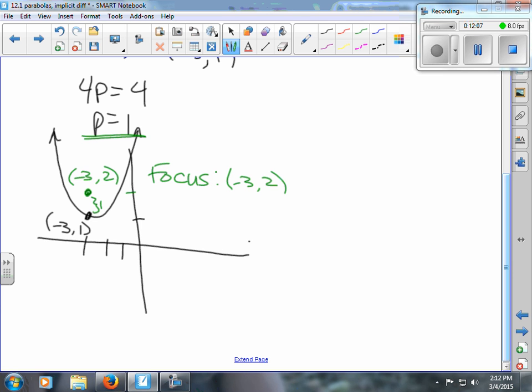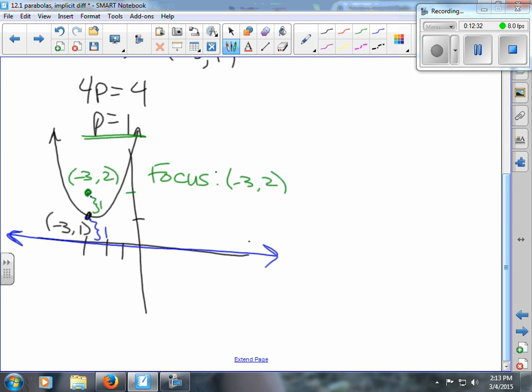Now let's talk about the directrix. The directrix is always the line that lies on the opposite side of the parabola, because remember, a parabola is all the points equidistant between the focus and the line. And so the vertex, by the way, has to be 1 away from the directrix also, because it's a point on the parabola.